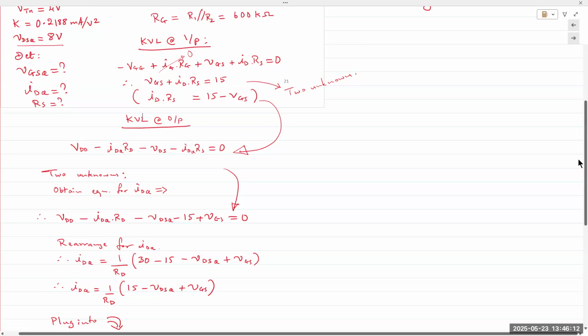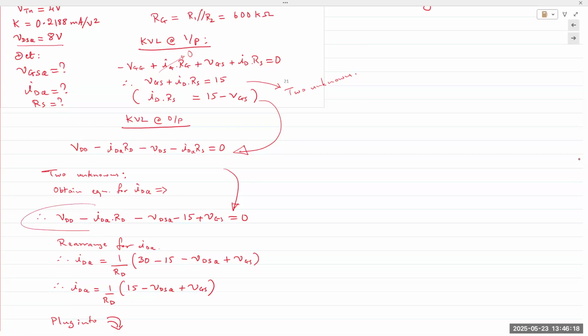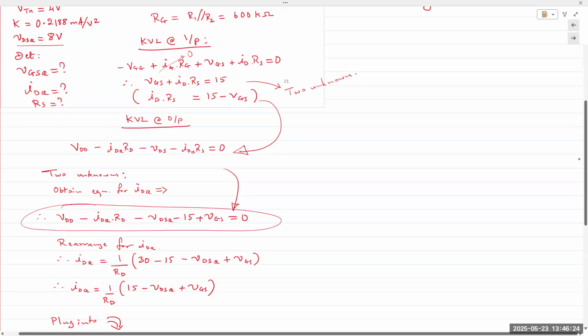We take that and plug it into the second equation and rearrange the terms. We obtain this expression. ID is to be determined, so we rearrange everything with ID on one side equals everything else on the right-hand side.